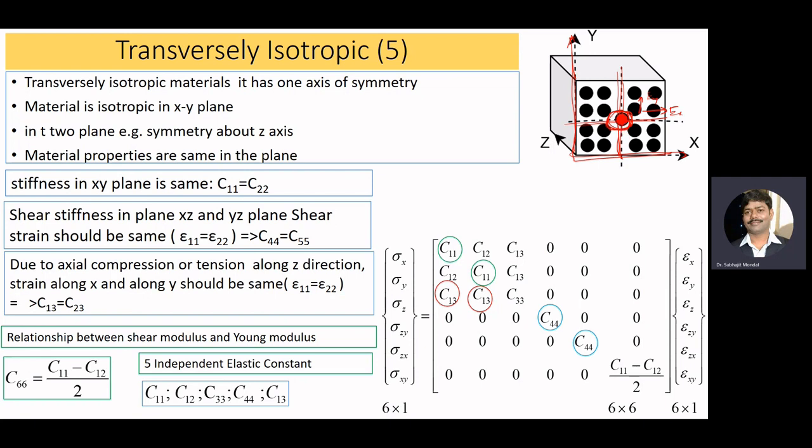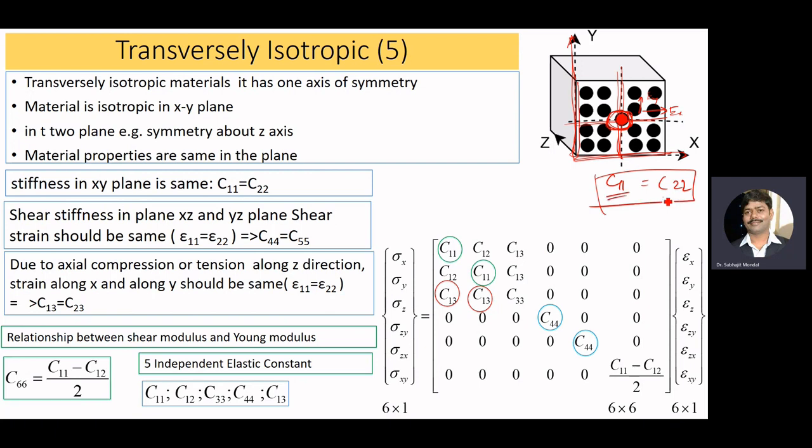For this type of material, our stiffness in the xy plane should be the same. So here C11 should be equal to C22. If we assume this type of material, then we can further reduce the number of elastic constants.